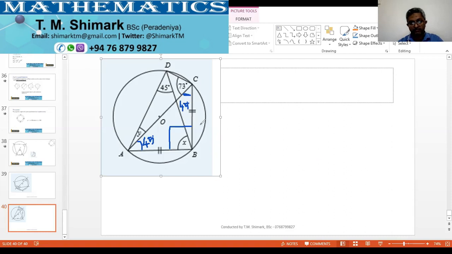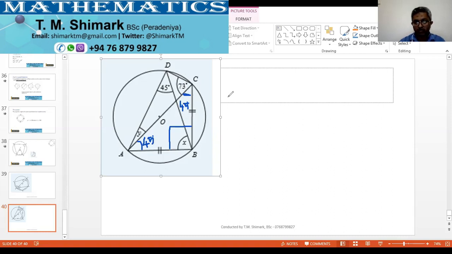This is 45 you got, which means now what? Now we got this guy, right? 90 addition is there, 73 plus 45 plus 45 plus y, you will get the answer as 180, right? Supplementary.